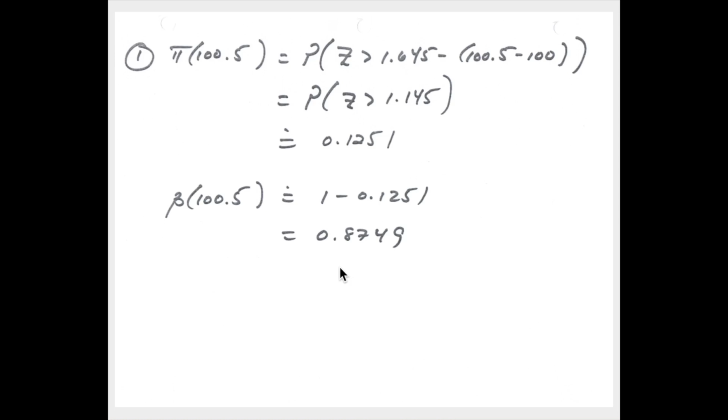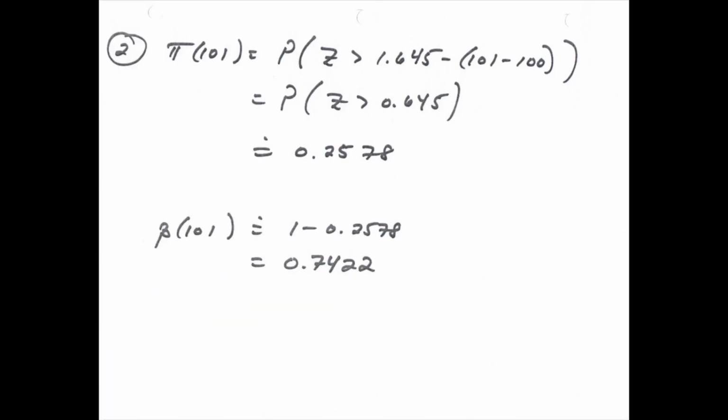And so what that means is that if the true value of mu is in fact 100.5, then the probability of our committing a type 2 error is really quite large, 87.49%.